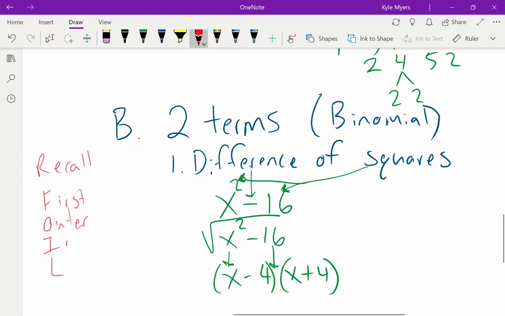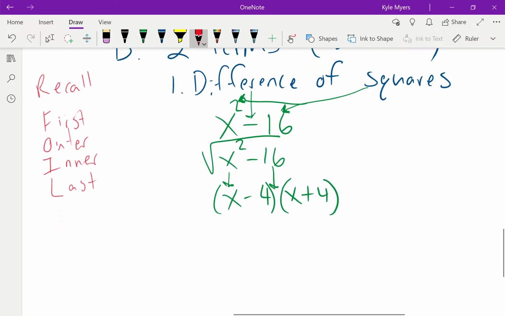Outers, inner, last. So if I were to FOIL this back out, I would get x squared minus 16. And you can pause this video if you want and check it. I'm not going to multiply it back out, but if you want to pause it and check it, go for it. It's going to cancel the middle terms, and you're going to get x squared minus 16. So it works. Trust me.